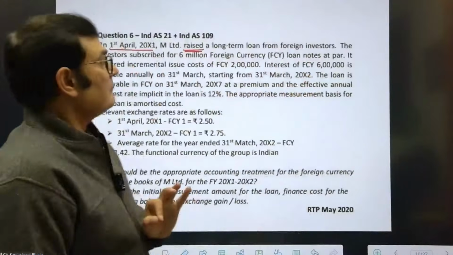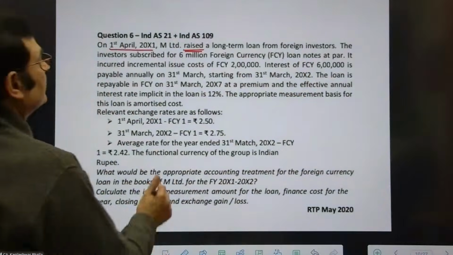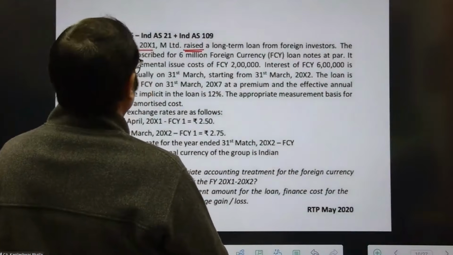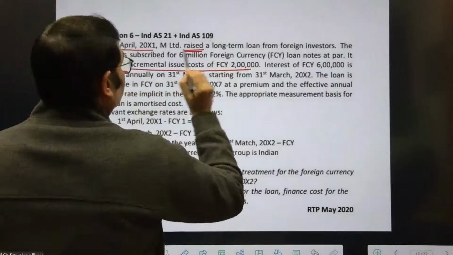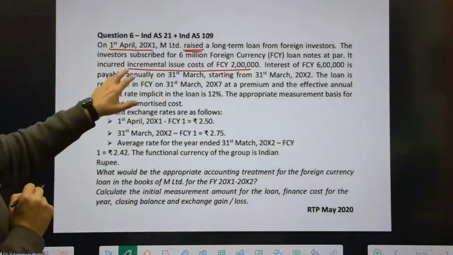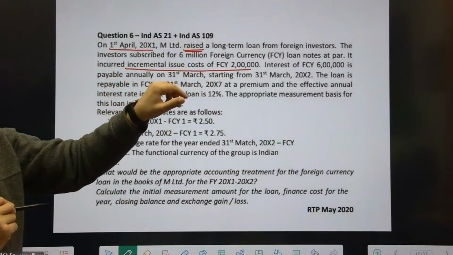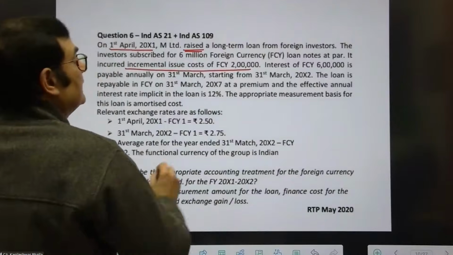So it says the company raised a long-term loan and the investors subscribed 6 million foreign currency loan notes at par. It incurred an incremental issue cost. So as I read the incremental issue cost, which means TC, what triggers in your mind? EIR. That's right.